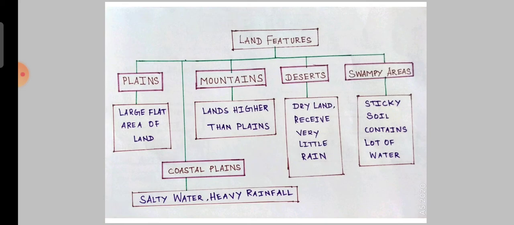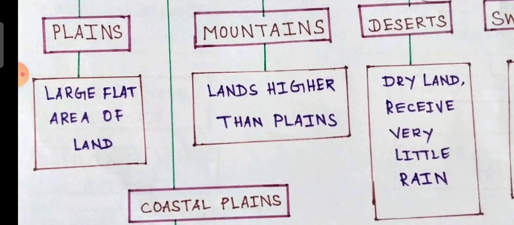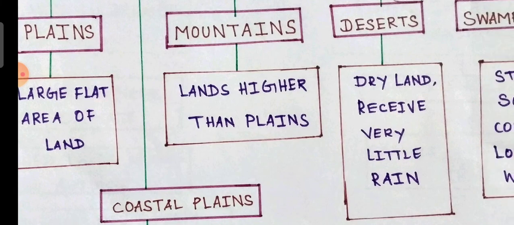So, land features. The land features are plains, mountains, deserts, swampy areas, and coastal plains. So what is meant by a plain? Does anybody know it? A large area of flat land is called plains. Does anybody know what mountains are?